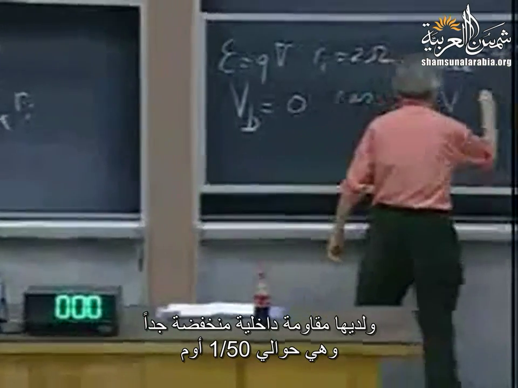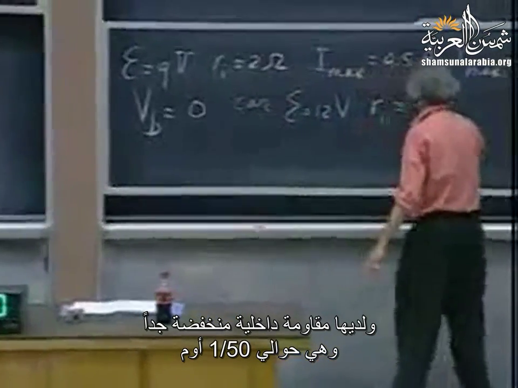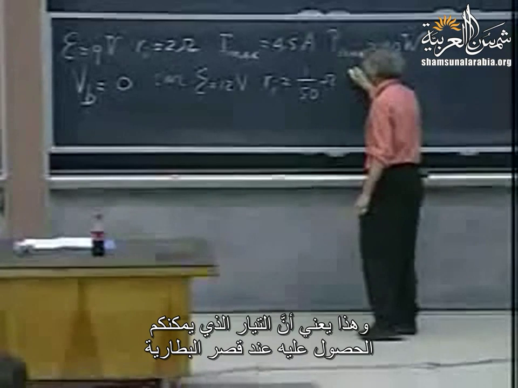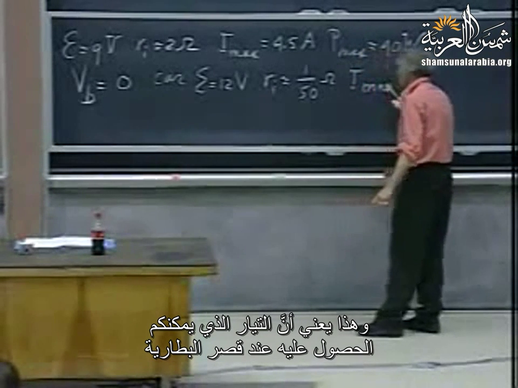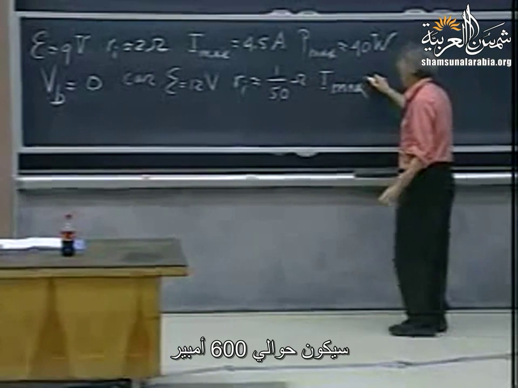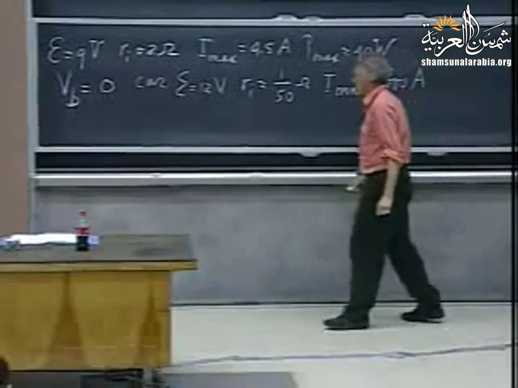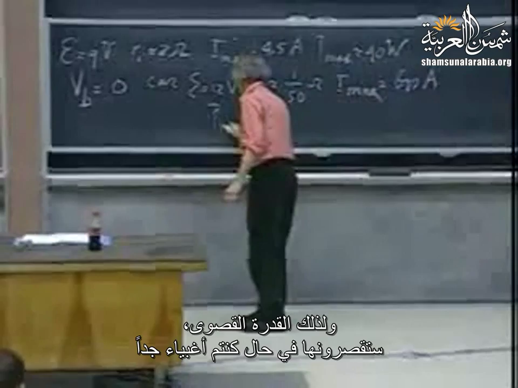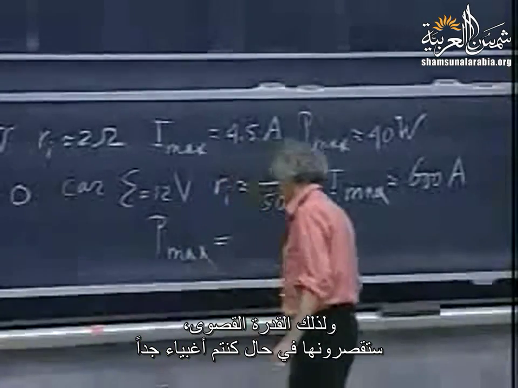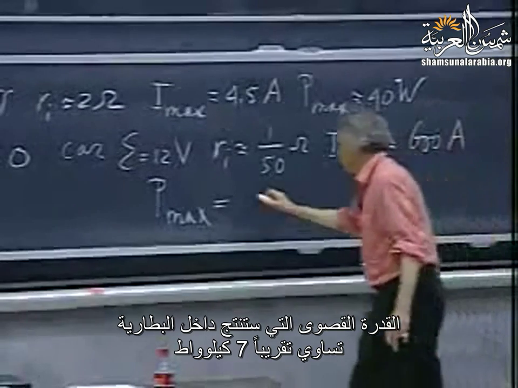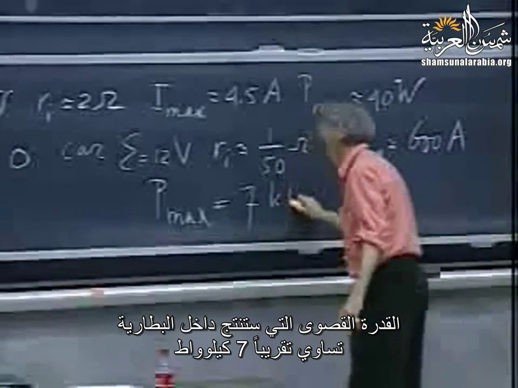It has a very low internal resistance of about 1/50th of an ohm. So that means that the maximum current that you can draw if you would short circuit it would be something like 600 amperes. And so the maximum power, if you were so stupid to short circuit it, that would all be generated inside the battery, would be something like 7 kilowatts.